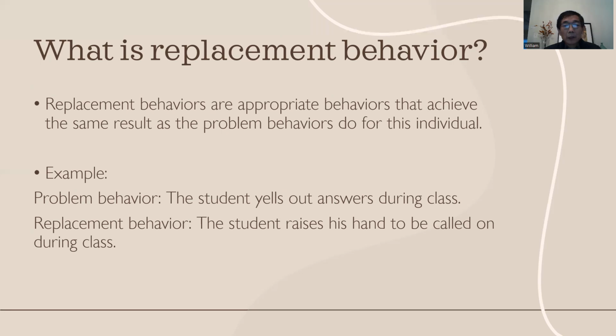Replacement behavior: the student raises his hand to be called on during class. Yelling out is not desired, it's not appropriate, while raising a hand to be called on is appropriate behavior, so we call it replacement behavior.